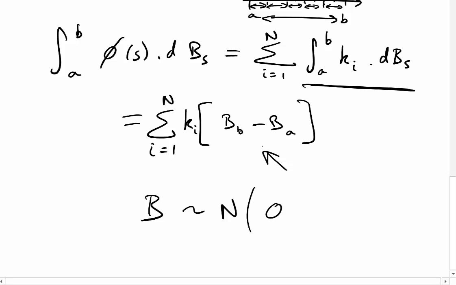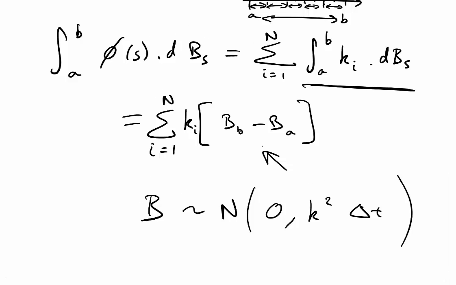If it's standard, it's going to be 0 mean, times some constant, times my time interval, so in this case from b to a. Let's just call it delta t, my interval, times my constant. And that's all it is.